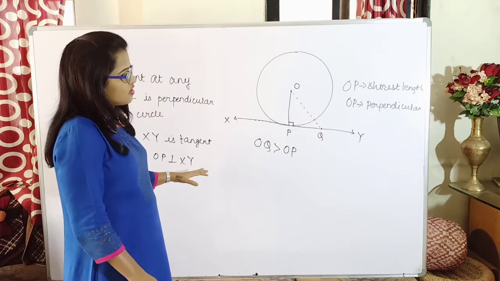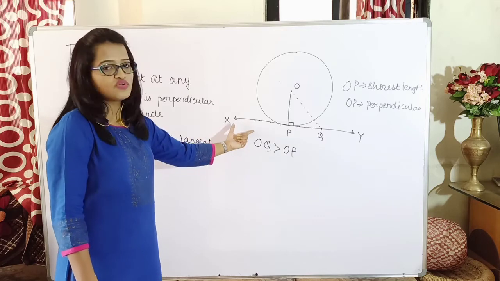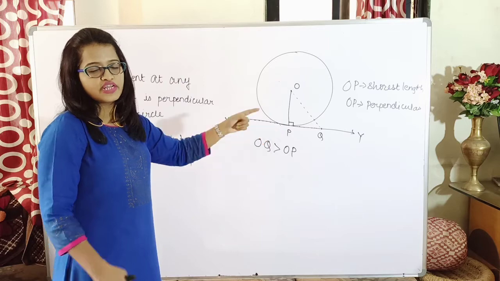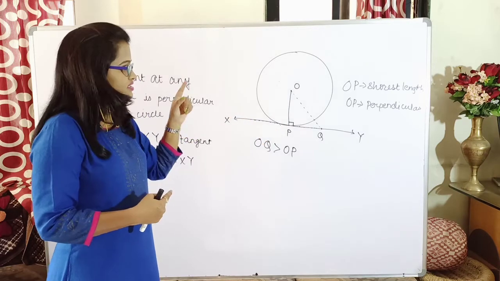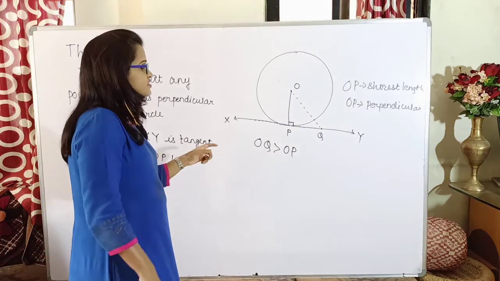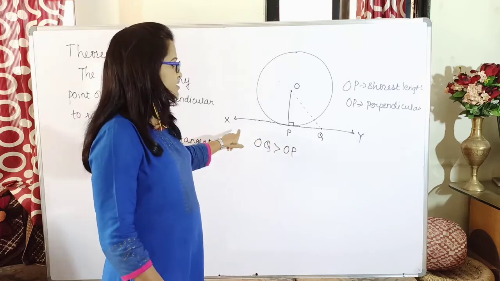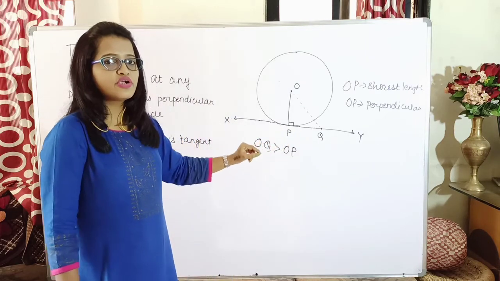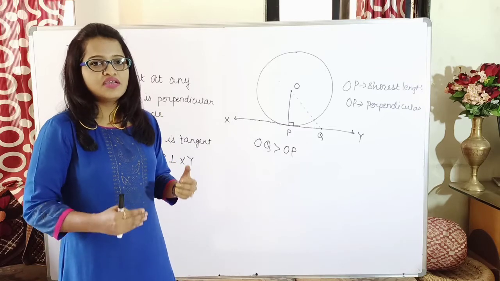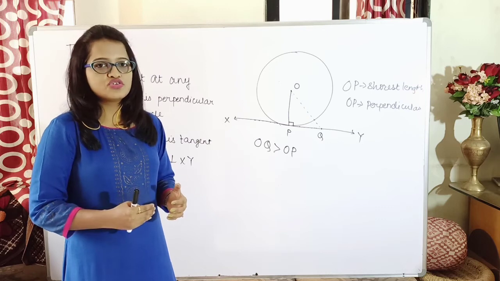So this is how the theorem has to be proved. What we have seen: we first drew a tangent XY, and P was my point of contact. From P, I drew a radius OP. I didn't know whether OP is perpendicular or not. I considered a point Q on XY, and as I know XY is the tangent, all the points on that line XY will fall outside the circle, meaning the length will always be greater than the radius of the circle.